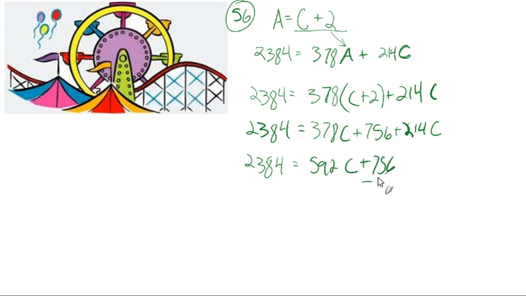We can subtract 756 on both sides. So 2384 minus 756 is 1628 equals 592C. Divide by 592 on both sides.